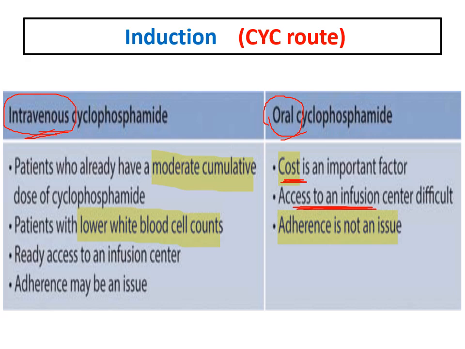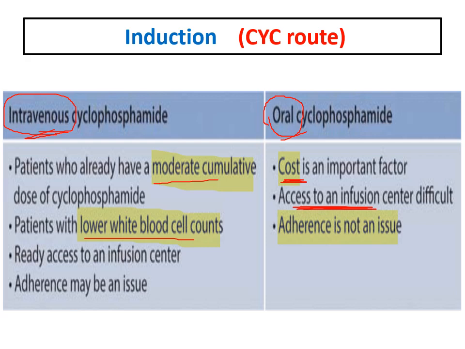Intravenous when there is a higher cumulative dose, because as we know, the oral route will give more cumulative dose. So if the patient already has a high or moderate cumulative dose, then we should give intravenous. If the patient has a lower white blood cell count, the preference is for the intravenous route.